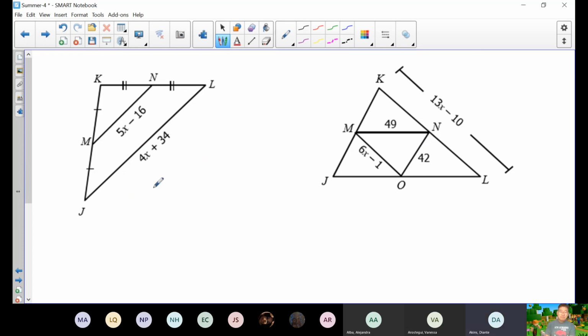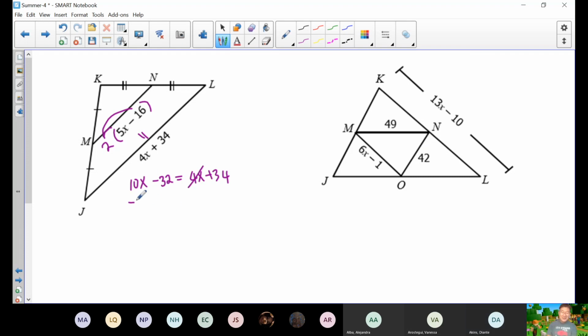Same thing, right? Same question. So this piece multiplied by 2 is equal to this piece, right? So now I'm gonna skip a little bit, so you can just do right away. 10x plus 32 equals 4x plus 34. Because the answer takes so long to write, I'll skip it in one line.